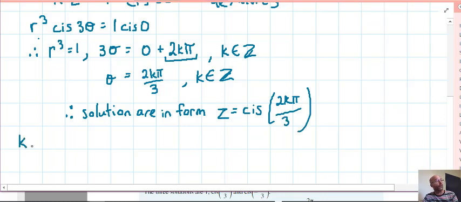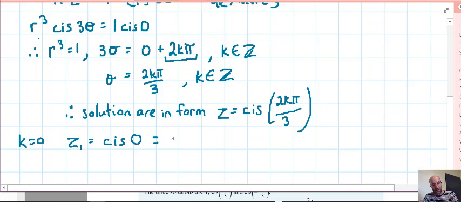So a sensible place to start is when k equals 0. So we have our first root, which we call z1. Substituting 0 for k, the whole numerator would be 0, so that would be cis 0.